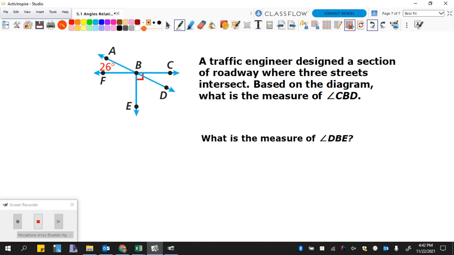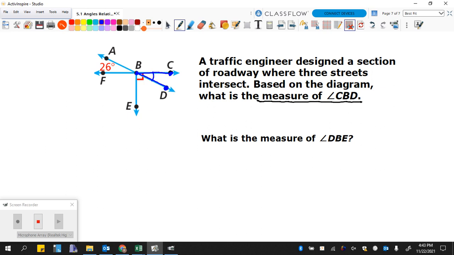Okay, but it says a traffic engineer designed a section of roadway where the three streets intersect. Based on the diagram, what is the measure of CBD? C to B to D. Okay, so we're looking at this angle right here.